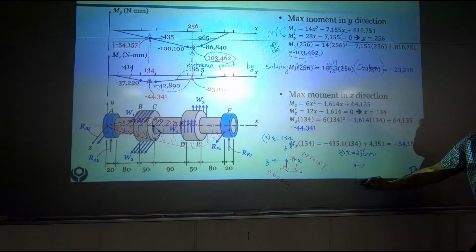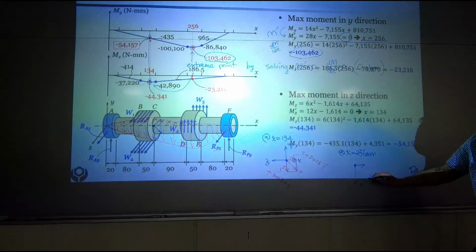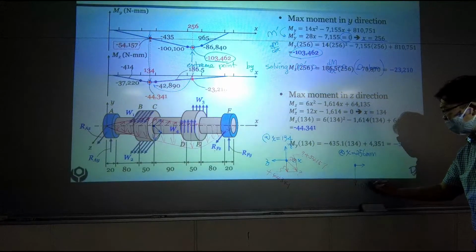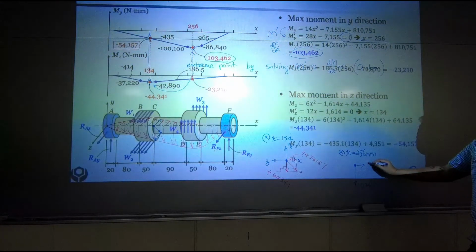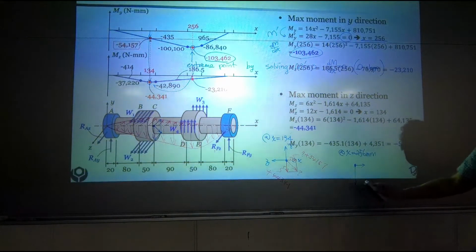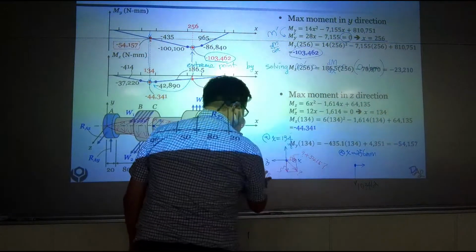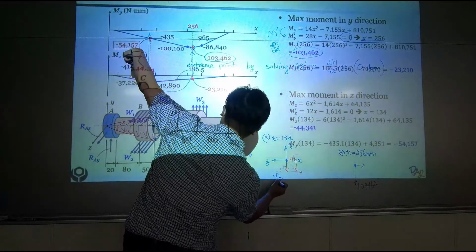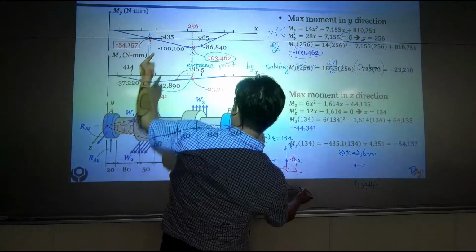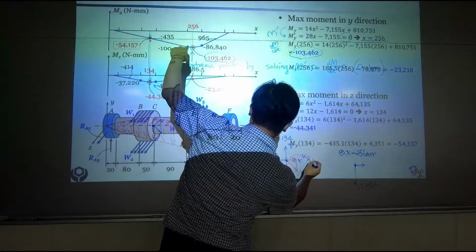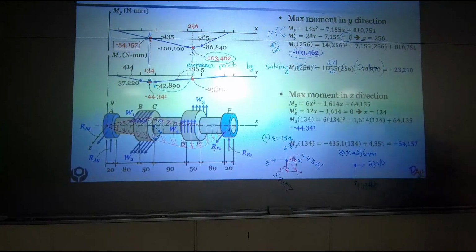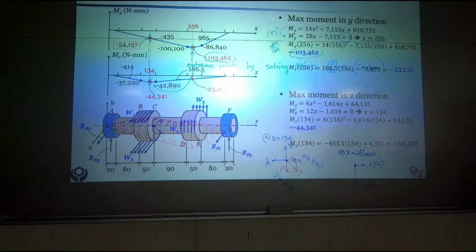One is this one is 103462, and the other one would be, I made a mistake. This is going downward, so this should be 54157. This is going backward, 44341, and here is 23210. Okay, do you get what I mean?